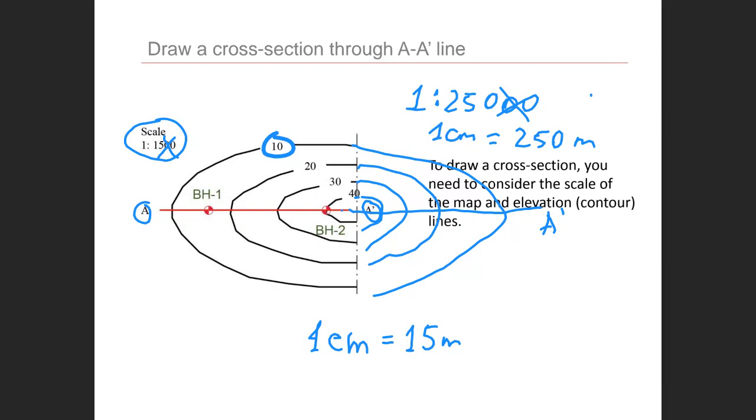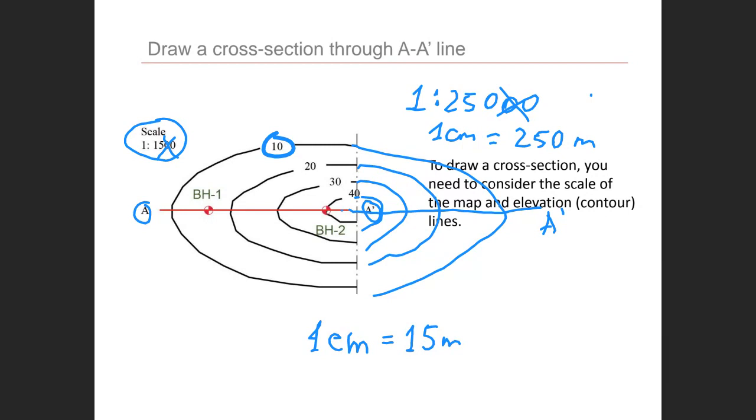Also, don't change the size of the map. Don't make it smaller or bigger. Sometimes students like to adjust it to fit an A4 page. Don't do that, because once you change the size of the map, you change everything, including the scale, which will no longer be the same as given in the map.